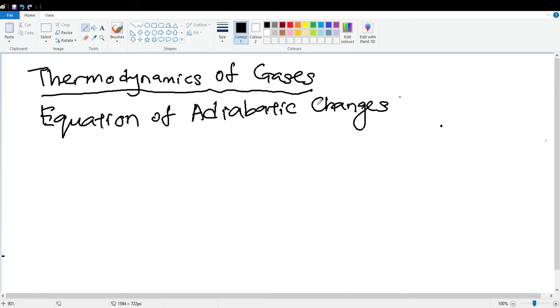From the normal equations, the heat exists, meaning heat enters or leaves the system. For the three gas laws, we have PV equals constant, which is Boyle's law.